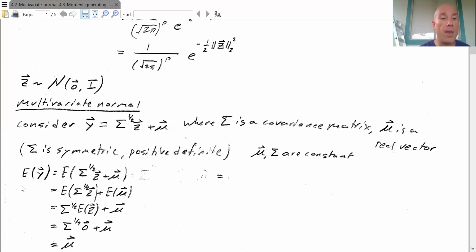So I'm going to take the expected value of y, which is the expected value of how I defined y to be. Well, expected values, remember that's integration, and addition of things inside an integral breaks apart. So boom, I get this. The expected value of the sum is the sum of the expected values.